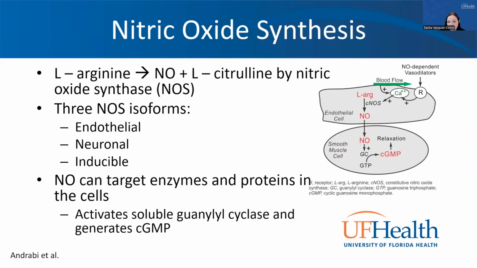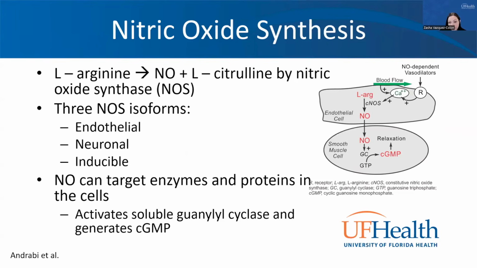In terms of the synthesis of nitric oxide, it is enzymatically generated from L-arginine by a family of what's called nitric oxide synthase. And these NOS, as they're called, are expressed in different tissues. There are three different isoforms. One is the endothelial, one is the neuronal, and one is the inducible.